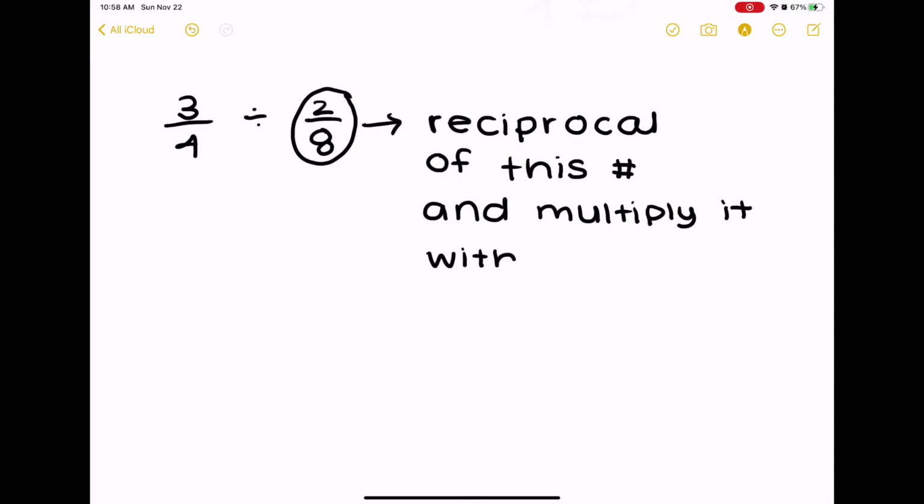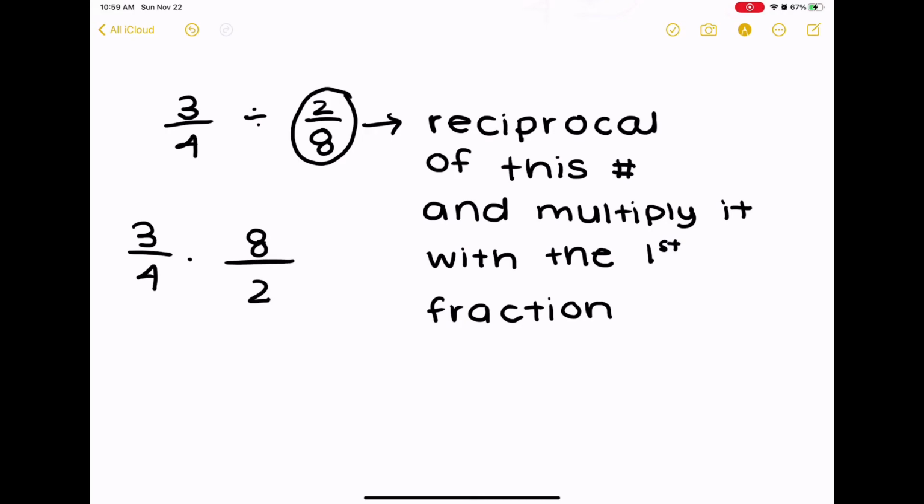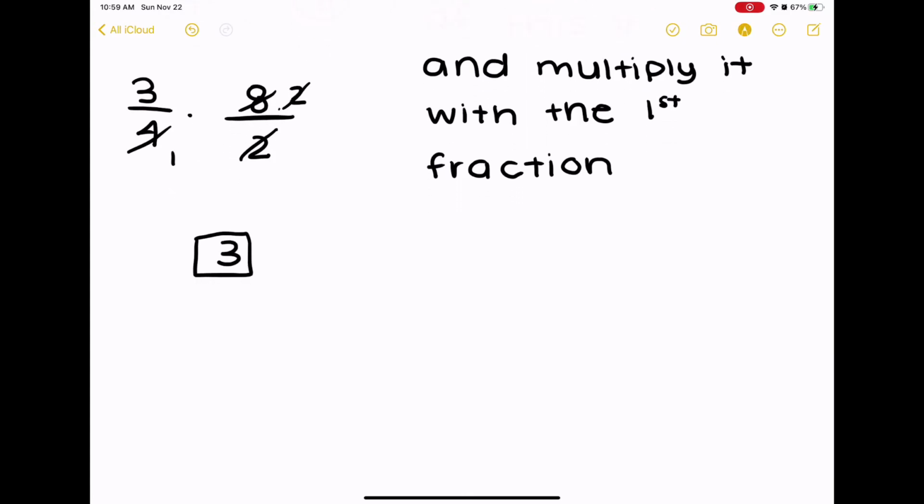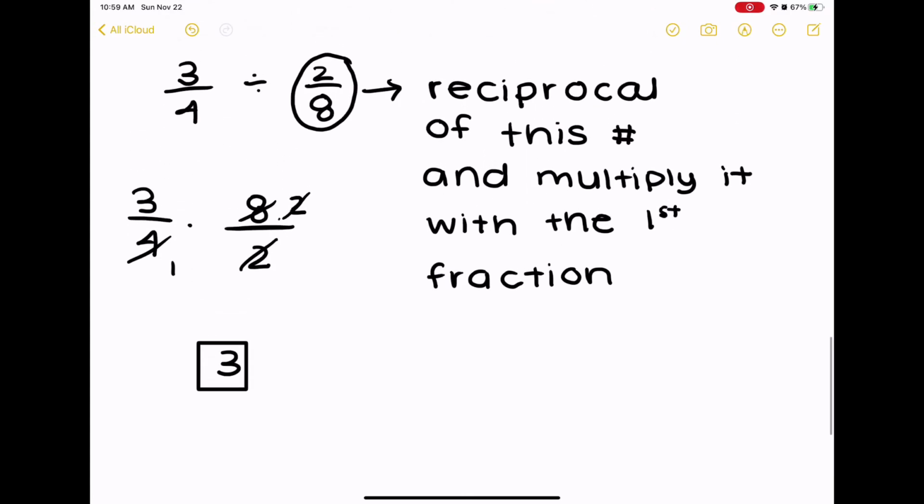You might have an improper fraction, but that's okay. And you can also slash stuff, which will make it easier. This is why it's easier to use improper fractions, because then all this is so much easier. So when we slash everything out, we get 3.